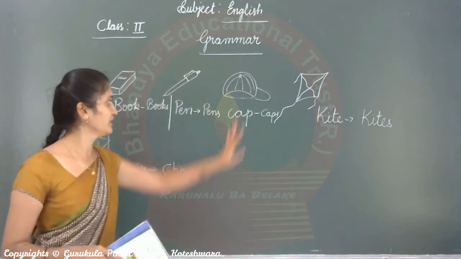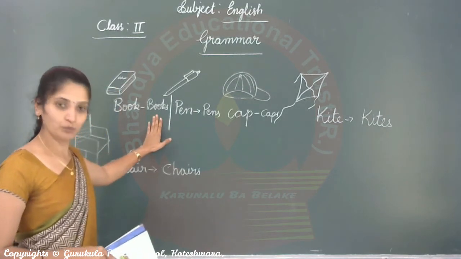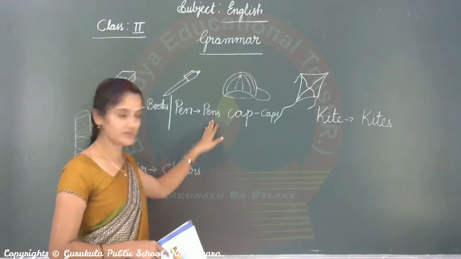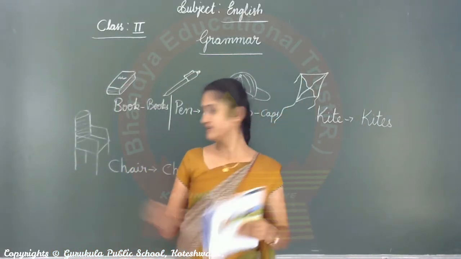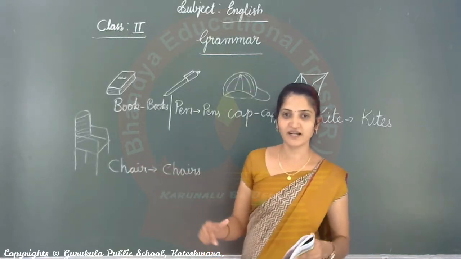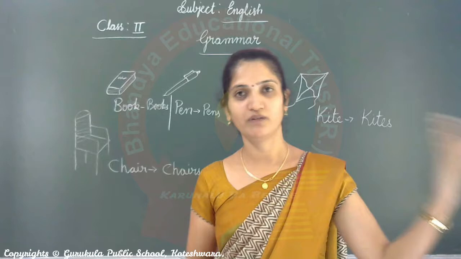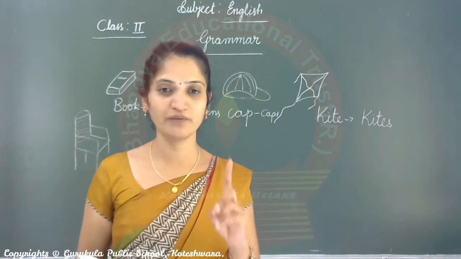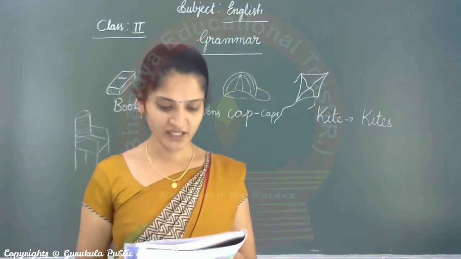What I showed here: one book, more than one, books; pen, pens; cap, caps; kite, kites; chair, chairs. Right? We can say both one and more than one. The picture is only one, but I wrote more than one, right?